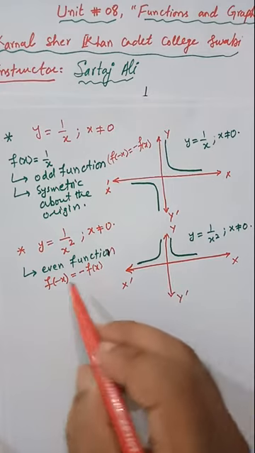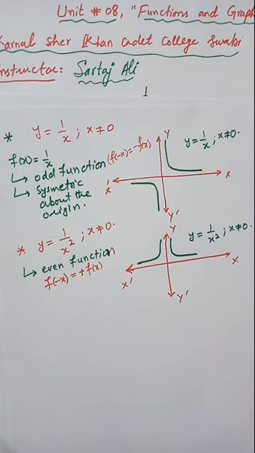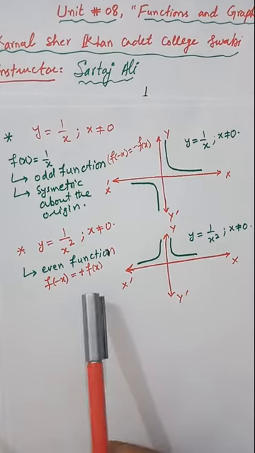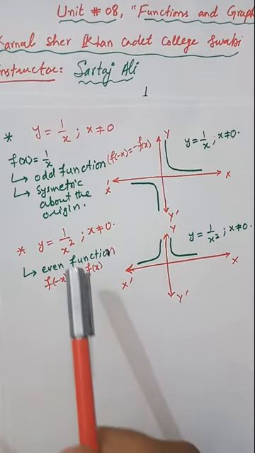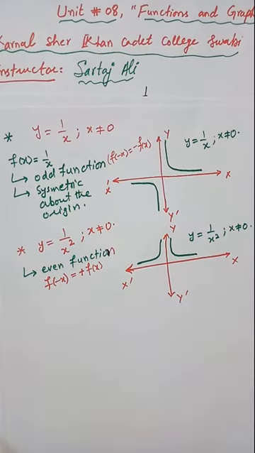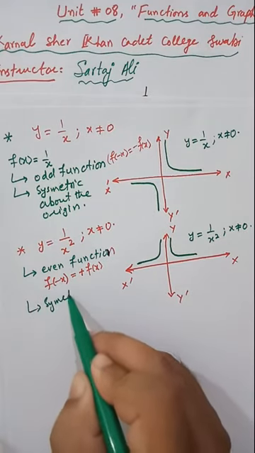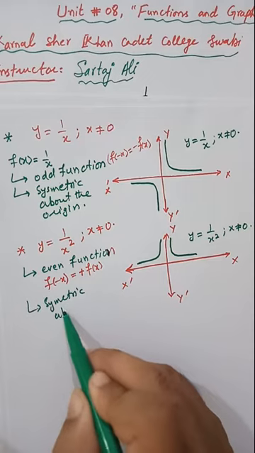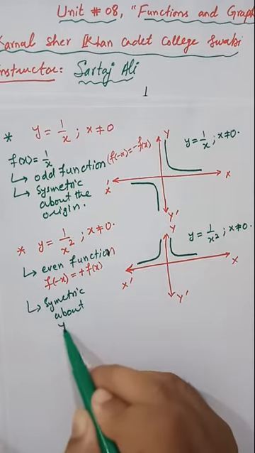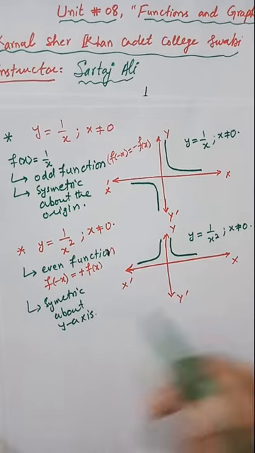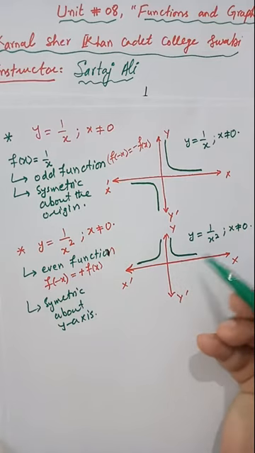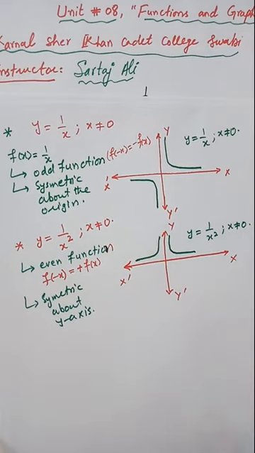So that negative will become positive. This function satisfies this criteria, so this is an even function. And this is symmetric about the y-axis, and it must be discontinuous at 0 because this function is not defined at 0.